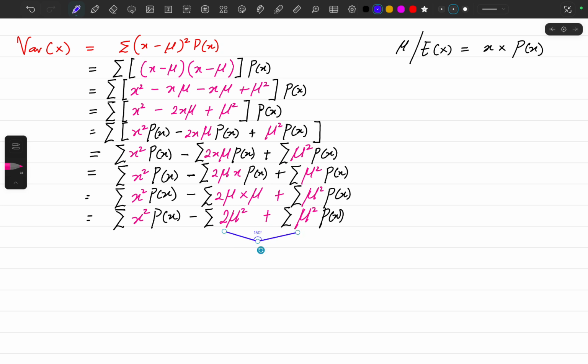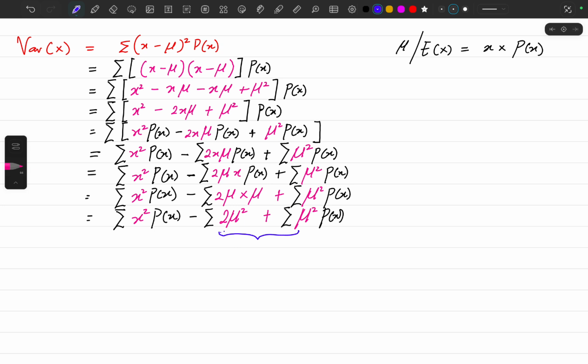Now I'm going to move this off the scale, and now I will deal with these two guys. I'm going to be dealing with those two guys.